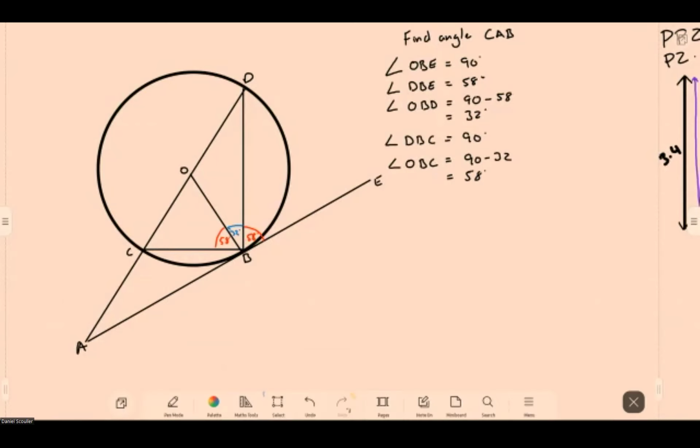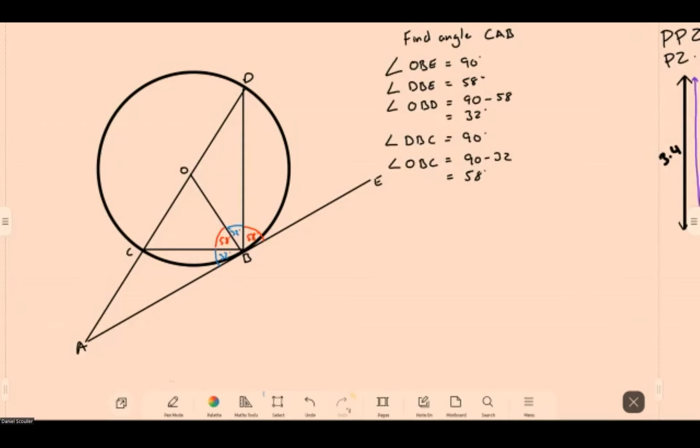That leaves me one more angle in that wee cluster, the angle here. And I know it's going to be 32 degrees. There's a couple of ways you could work it out. ABE is a tangent, that's going to meet the circle at one single point, giving us 180 degrees in total.